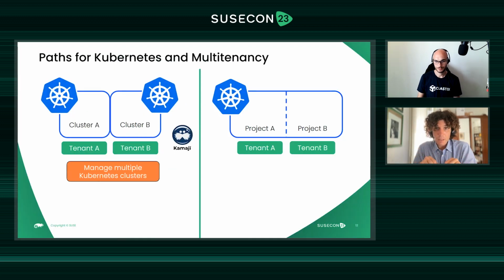Okay. So within Rancher, we have two paths that we can follow for multi-tenancy within our Kubernetes environment. The first one is shown on the left side of this slide. What does it mean? It means that with Rancher, we can create and manage a lot of Kubernetes clusters. It's not an issue to manage different Kubernetes clusters with Rancher.